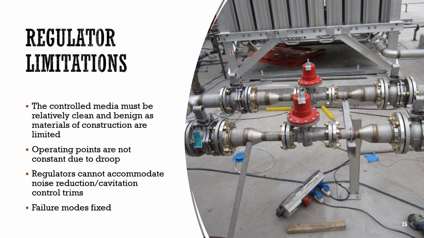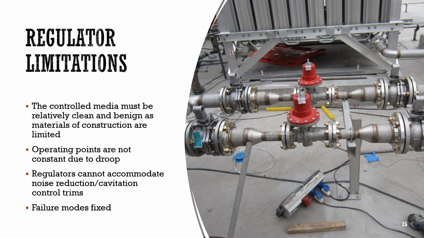So if we can source material and we can machine it, we can make a regulator out of it. So materials of construction aren't as limited as they once were, but most of the time you're going to find regulators primarily in ductile or cast iron, carbon steel, or stainless steel.